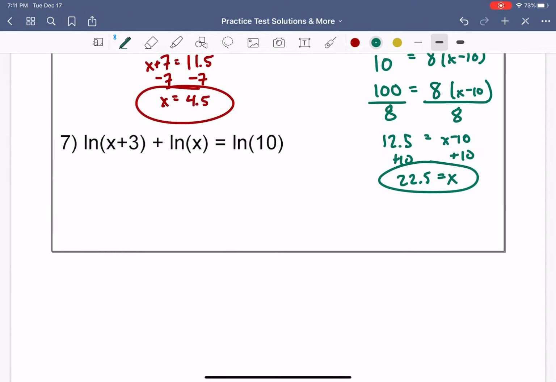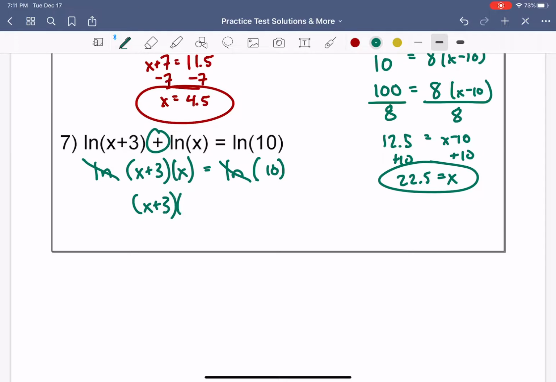But we have this a little bit more complicated one for number 7. We can still multiply these two things together because we have this addition, and then we have the natural log of 10. Again, these two logs cancel out, sort of. They both disappear. And we have this now. So we need to treat it just like we would as any other type of algebra. We distribute that x to both.